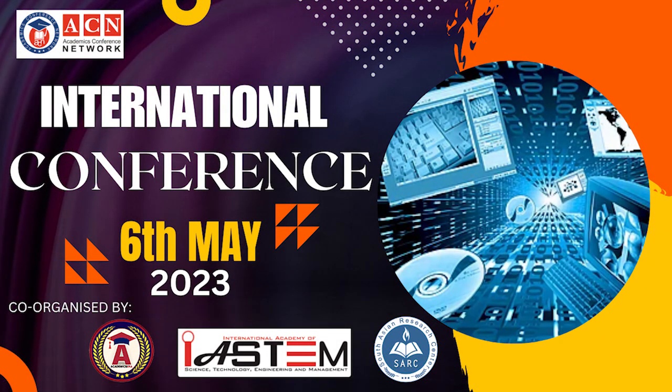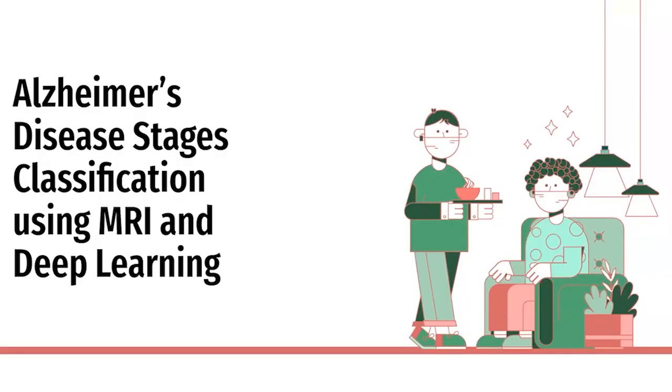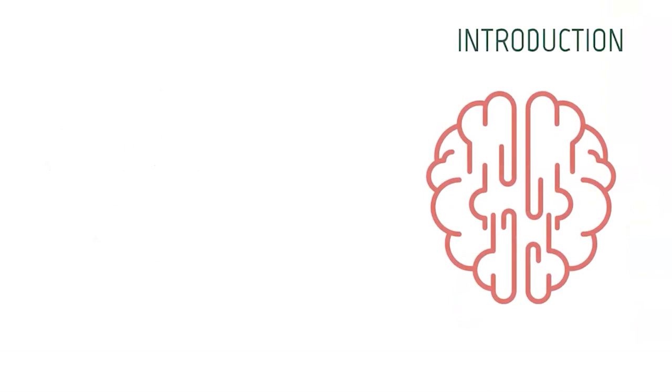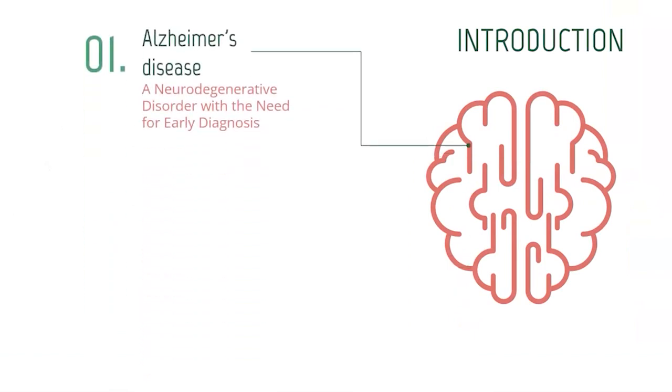And our topic of presentation is Alzheimer's disease stages classification using MRI and deep learning. Alzheimer's is a neurodegenerative disorder that affects millions of people worldwide, and early diagnosis is crucial for effective treatment.